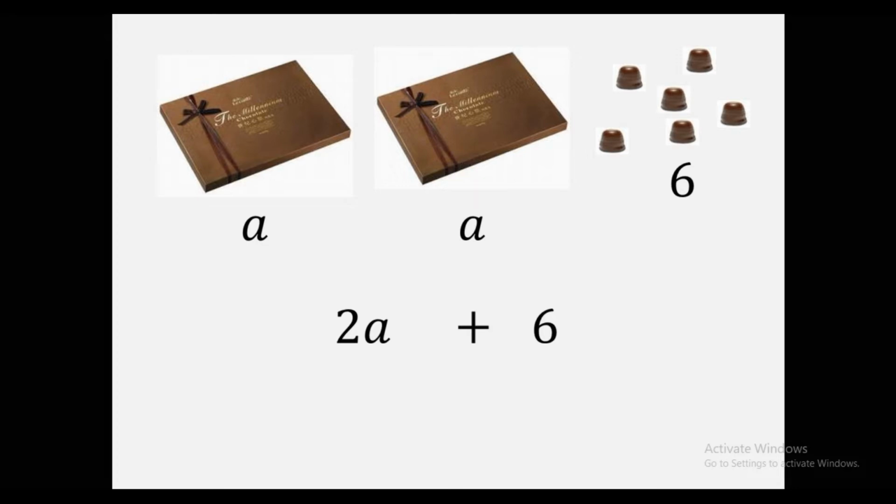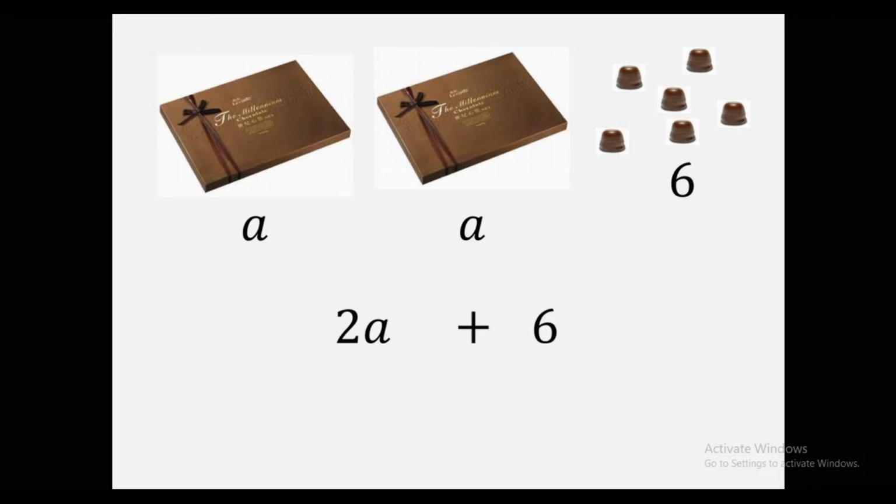Think that you want to give it to Abu and Babu. So you will give Abu 3 chocolates, 1, 2, 3, and one card. And to Babu you will also give one card and 3 chocolates, 1, 2, 3. So you are dividing the whole thing: a plus 3 and a plus 3.